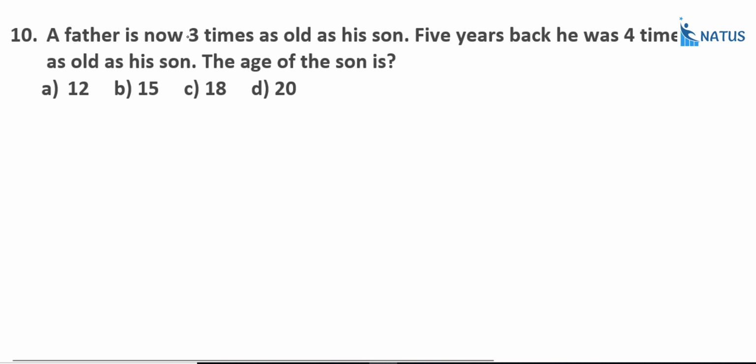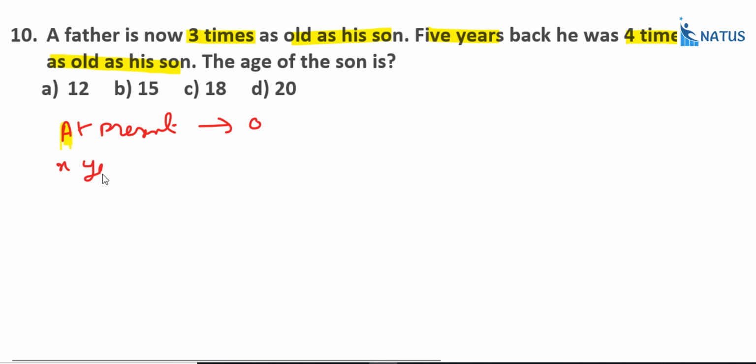A father is now 3 times as old as his son. 5 years back, he was 4 times as old as his son. The age of the son is. See, all of you remember, here three terms are there. At present is always represented with 0.